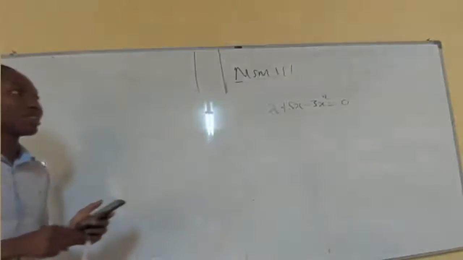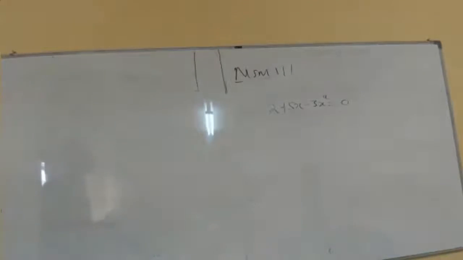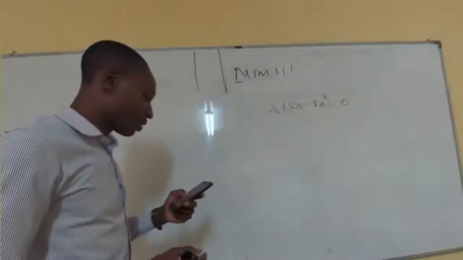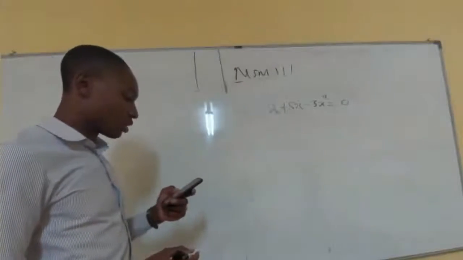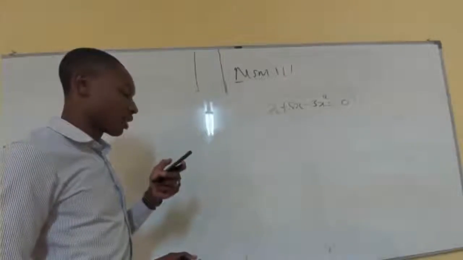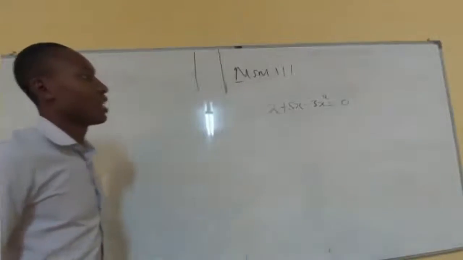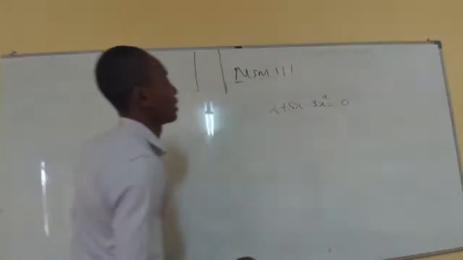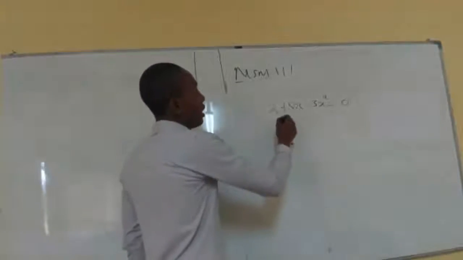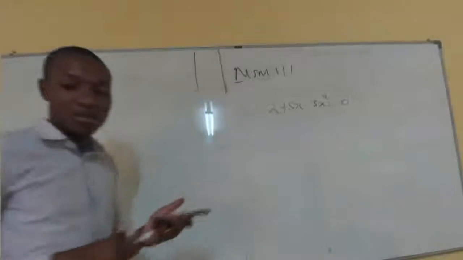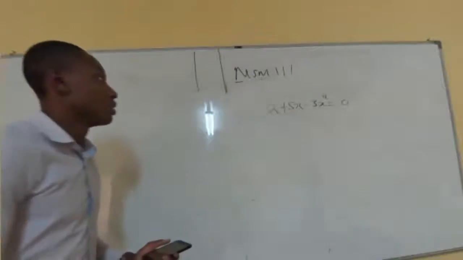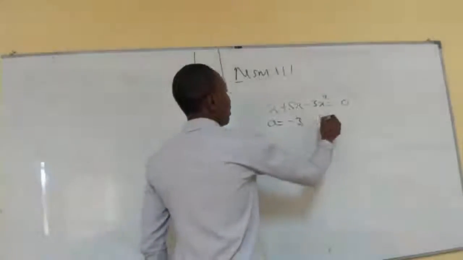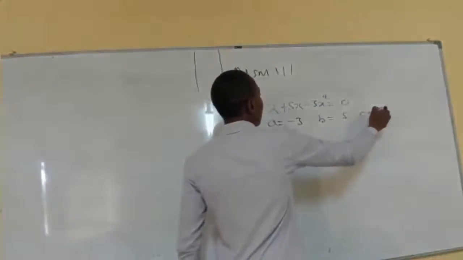So we have an equation of that sort, and you've been told that the roots of that equation are alpha and beta. Whenever you're given that question, the first thing you should look for is alpha, beta, a, b, c. So a here, from this question, is equal to negative 3, b is 5, and c is 2.